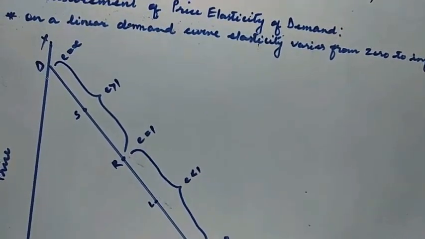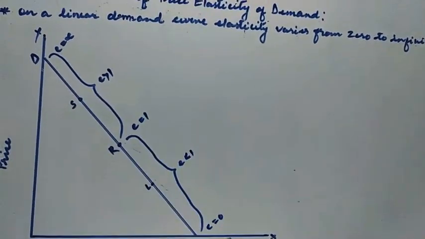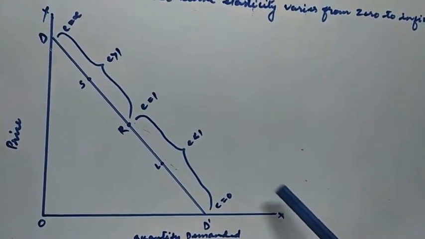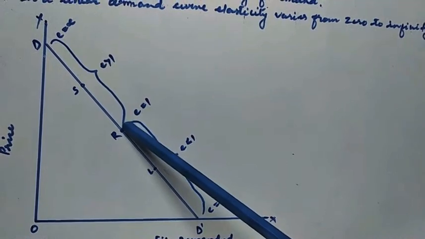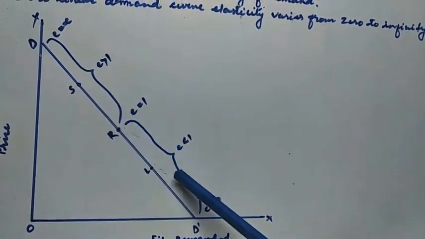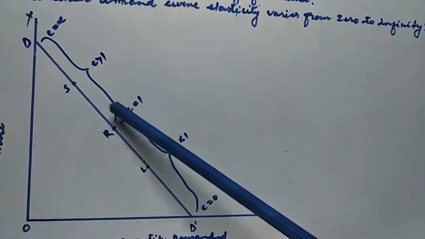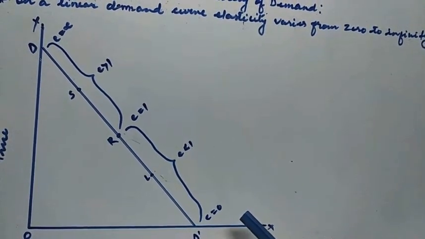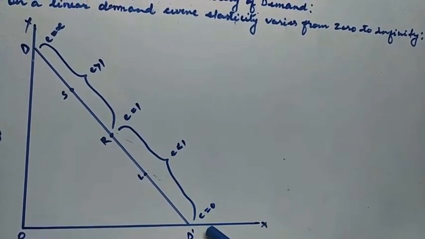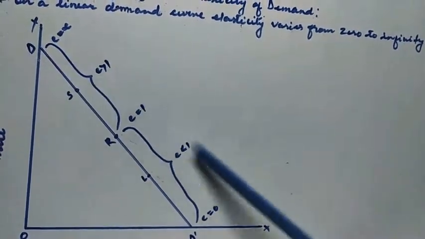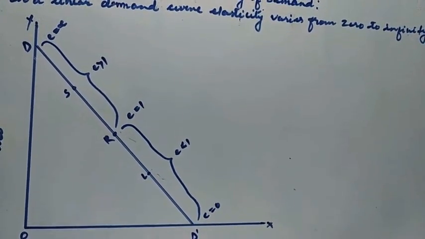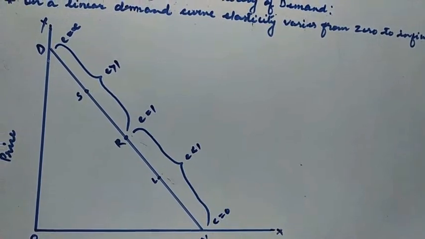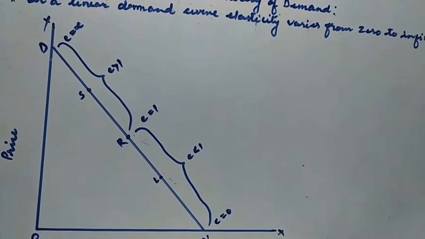Now take the straight line, that is the DD dash demand curve, as given in figure 10. If point R is lying on the middle of the demand curve DD dash, the lower segment RD dash will be equal to RD, which means that at the middle point of the straight line demand curve, the price elasticity will be equal to 1.